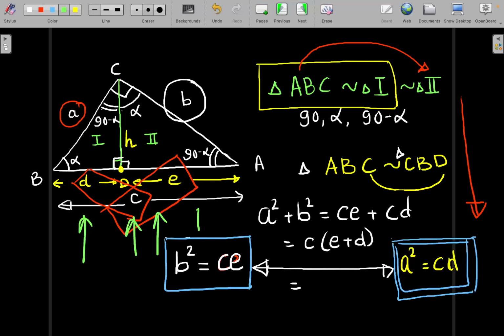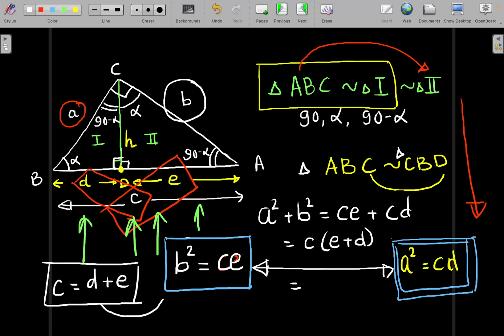And now you will see from the figure, it is very clear that C is actually equal to D plus E. Now this is very obvious in the figure that C is equal to D plus E, and this is exactly what I need to substitute in the last step here. And so this will be equal to C into C, which is equal to C square.